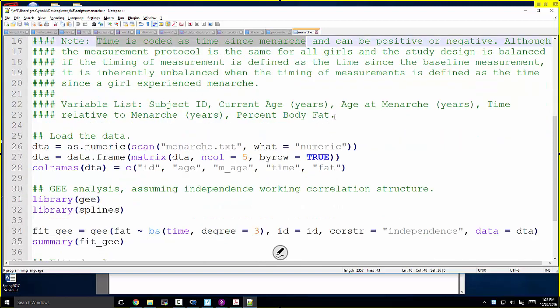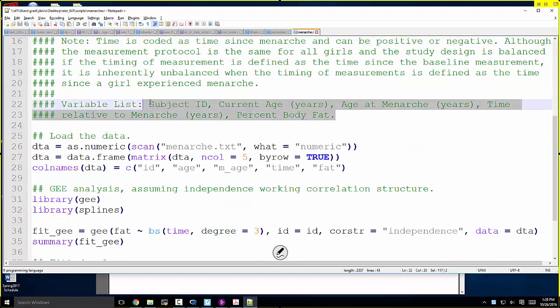And then our variables are defined here. We have our identification variable that's critical with correlated data. We need some indicator for which observations go with the same individual. We have their current age, so at every observation of the girl we have their current age.